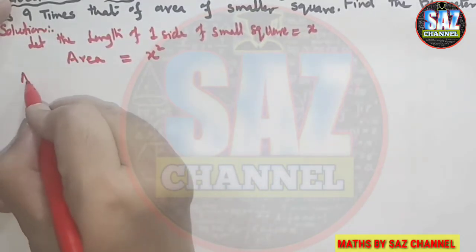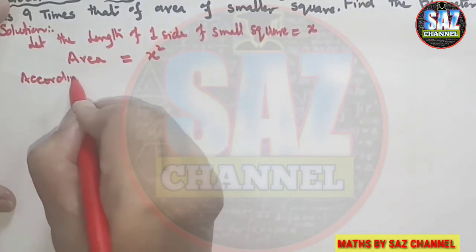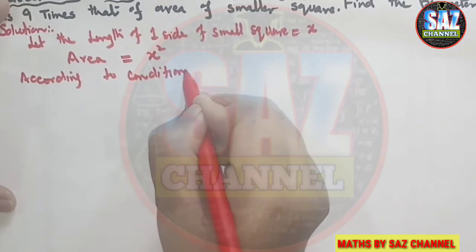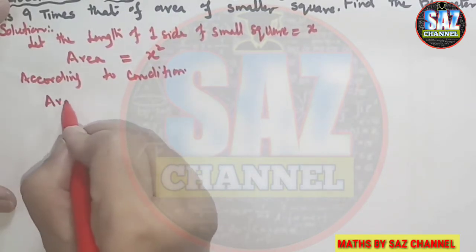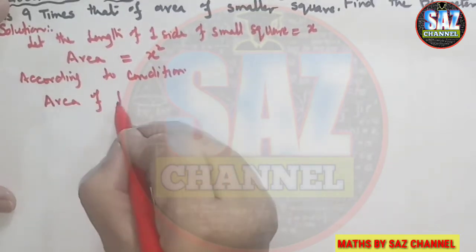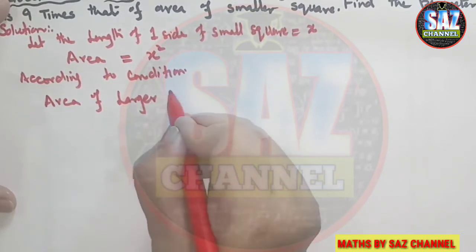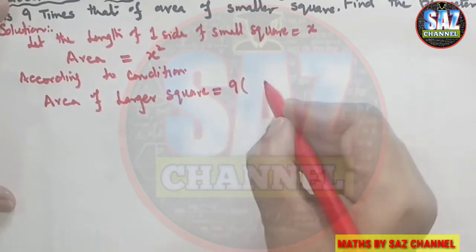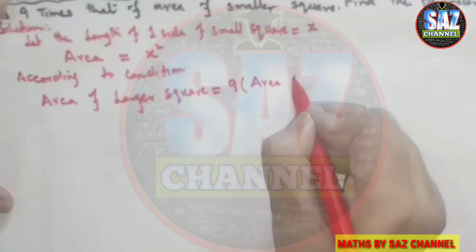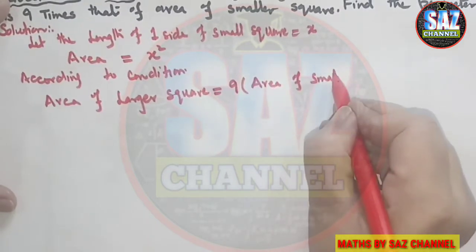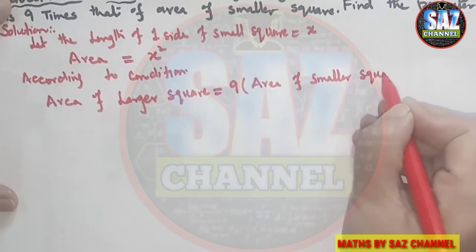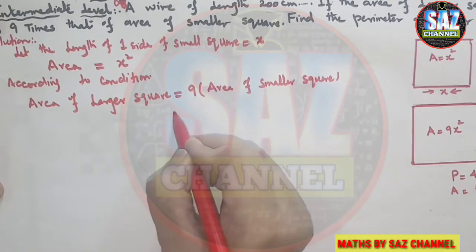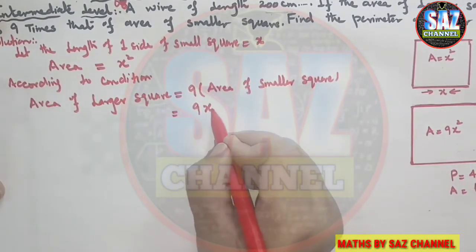Area according to condition: area of larger square equals 9 times the area of smaller square, and we know that area of the small square is x square, so the area of larger square will be 9 times x square.